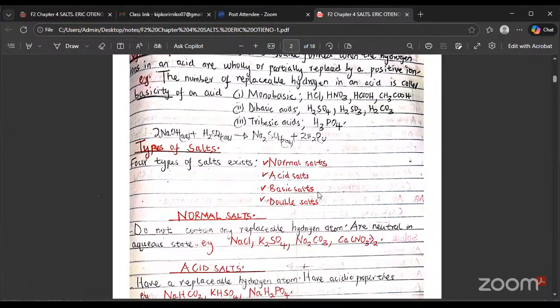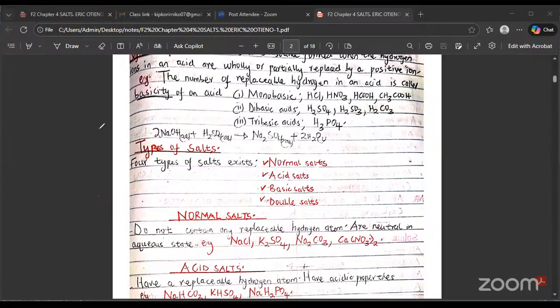Anytime you write that and there is no hydrogen, then you say that one is a normal salt. It is very good to have at least 2 examples. The example that I still give to my students to date is sodium chloride. I think that one is the simplest one.